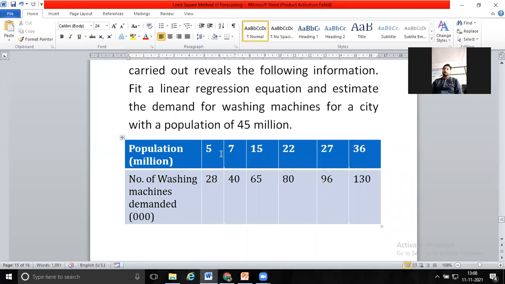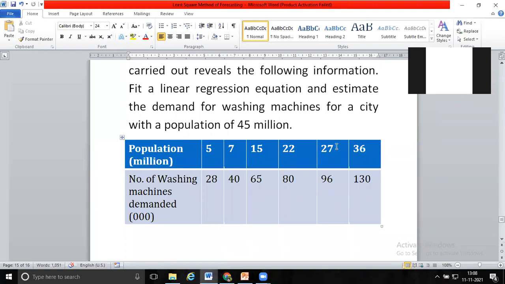If the town population is 5 million, the demand is 28,000 washing machines. If the population is 7 million, the demand for washing machines is 40,000. If the population is 15 million, the demand is 65,000. If the population is 22 million, then the number of washing machines demanded is 80,000.